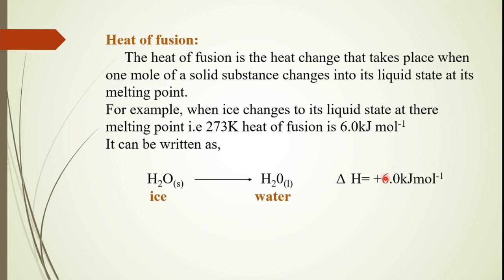For example, when ice changes to its liquid state at its melting point, that is 273 Kelvin, the heat of fusion is 6.0 kilojoule per mole. That means when ice gets converted into water, the heat change accompanying this reaction is equal to 6.0 kilojoule per mole, and it is known as heat of fusion.